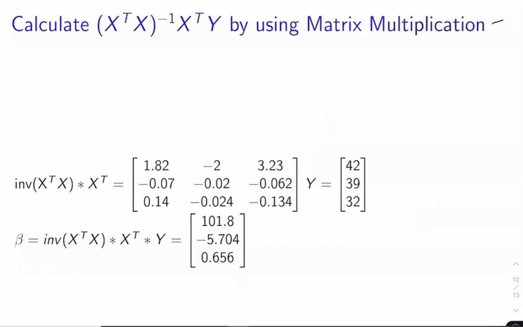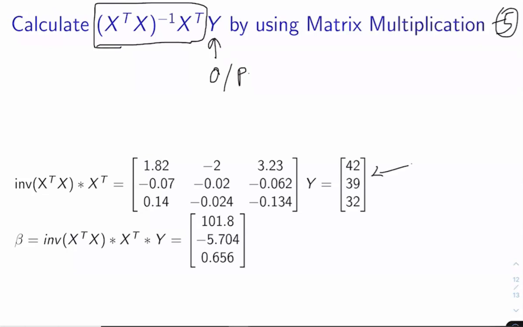Now this is the fifth step, in which we multiply our output vector by the result of the fourth step. Y is our output vector, which I have reproduced from our earlier slide, and it has three elements. You can check whether you can perform the multiplication or not.